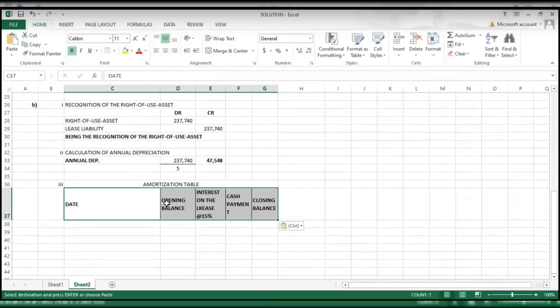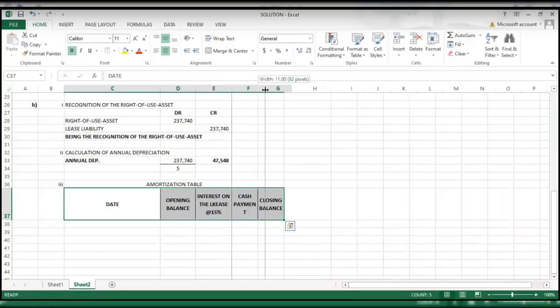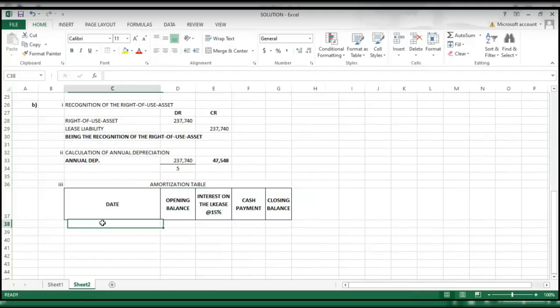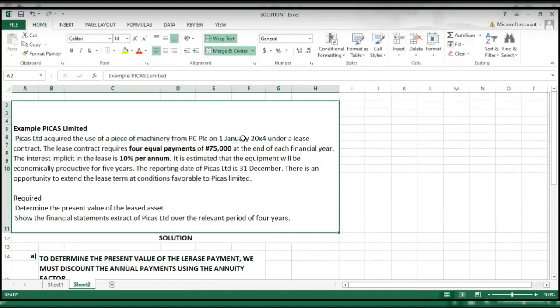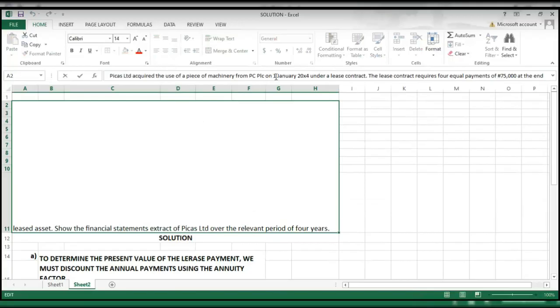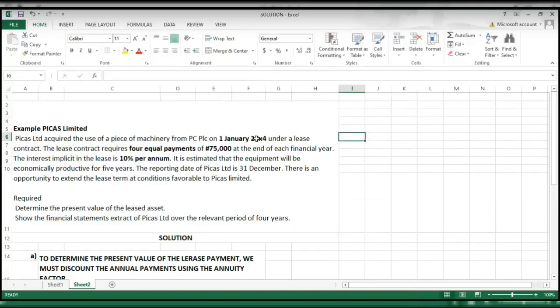So if our amortization table is here this way, then we need to fill in the information. The date is going to be talking about the number of years. Don't forget this agreement was entered into on 1st January 20x4. So the financial years affected will be 20x4, 20x5, 20x6, 20x7, 4 years based on this information.